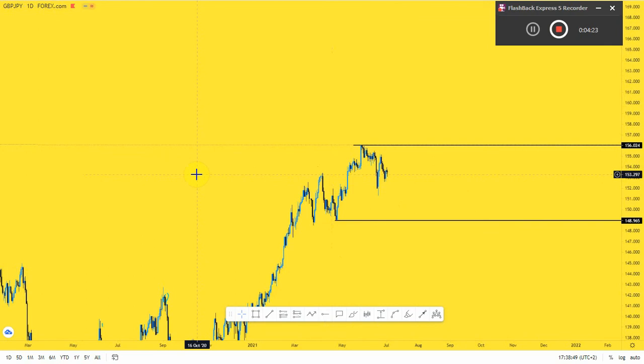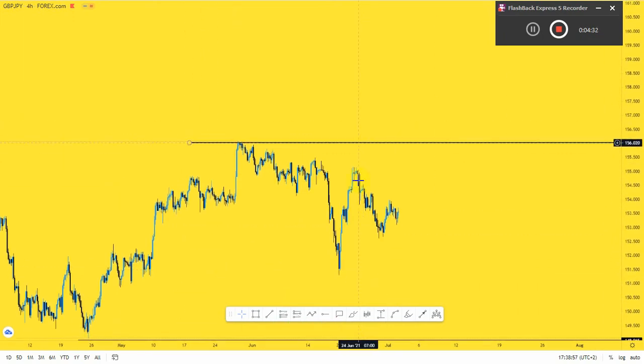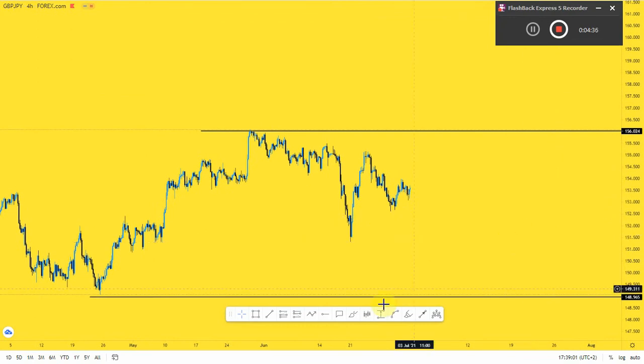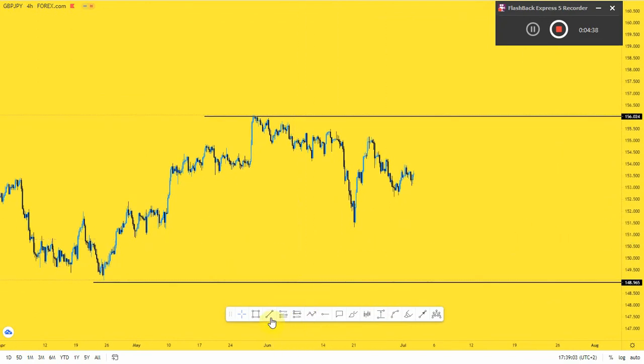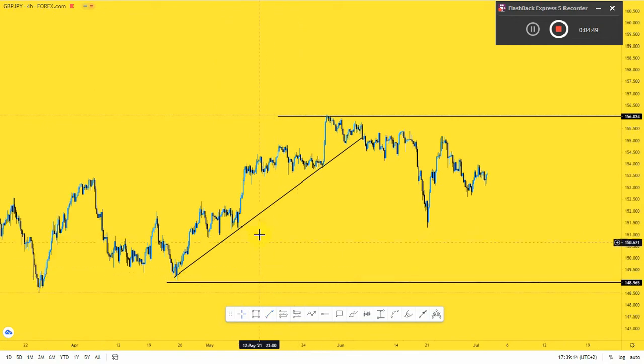Okay, so now I go on the lower time frame to further analyze price action and look for possible entries. Okay, so I can immediately see that the market has been respecting this trend line here.